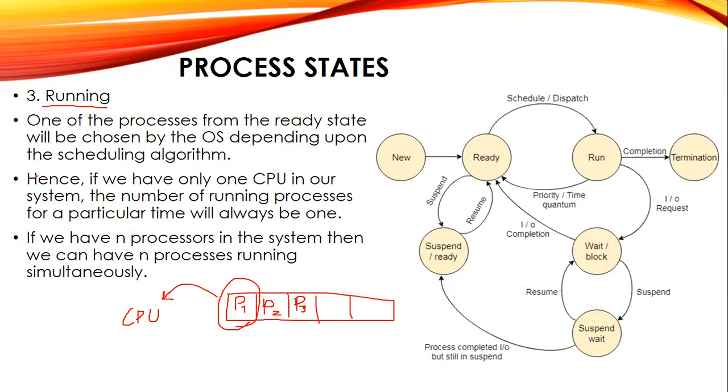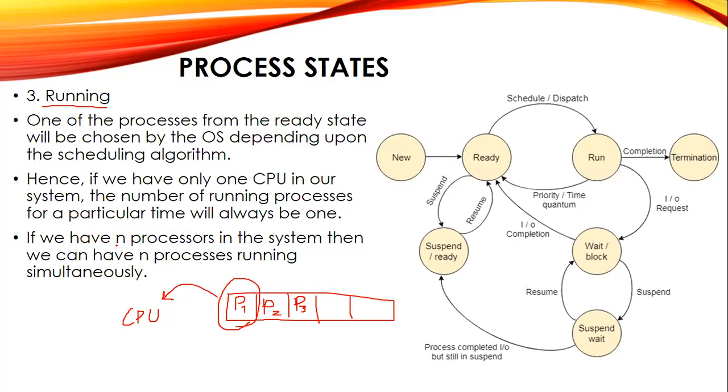If we have only one CPU in our system, the number of running processes at a particular time will always be 1. In this lecture, we are assuming only one CPU because it would be much more complicated otherwise. With one CPU, only one process can be executed at a time.